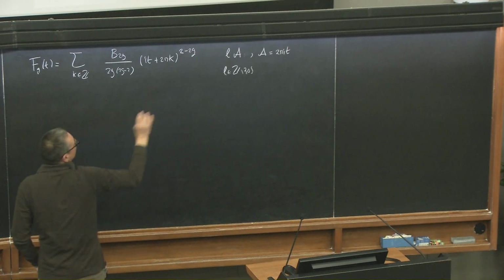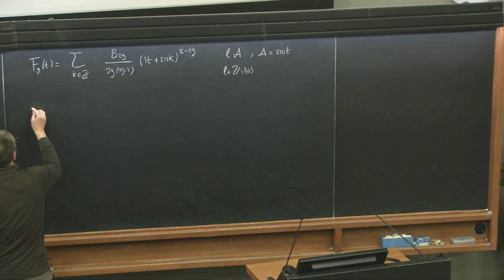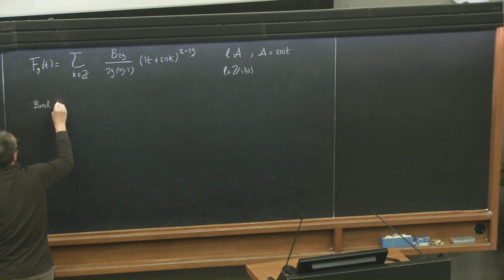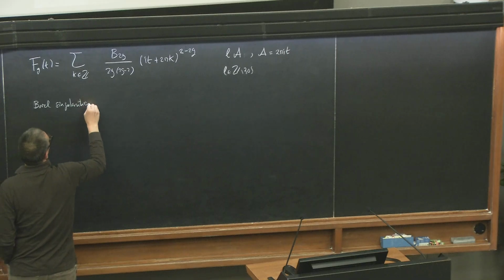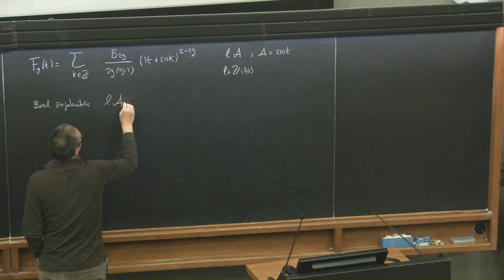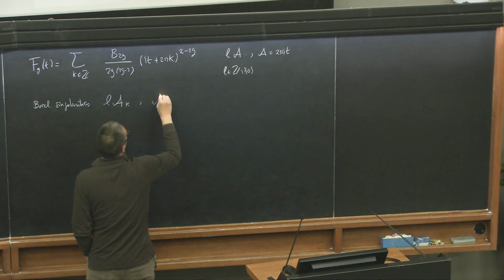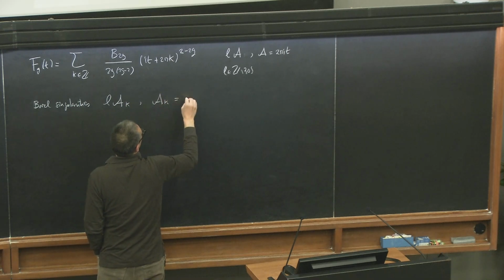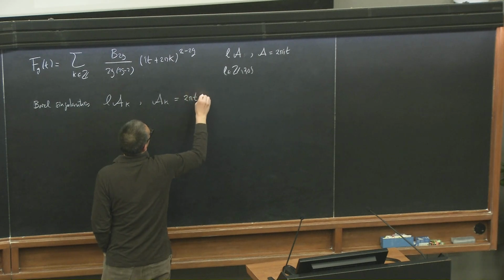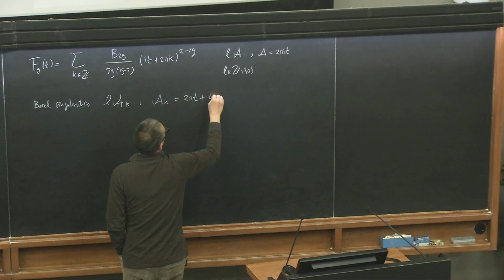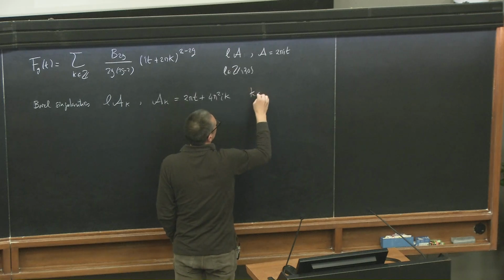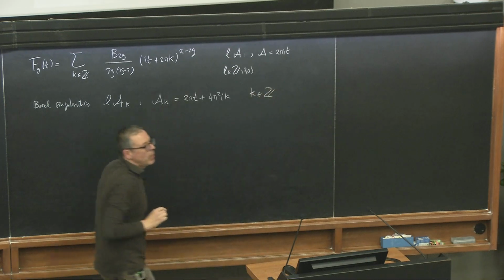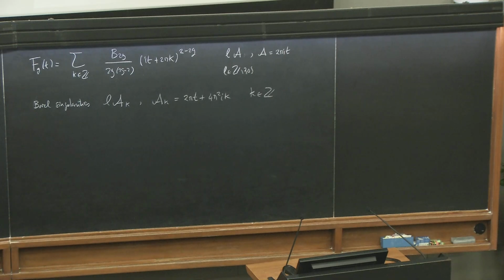So already from the results that we had before, we can see that the Borel singularities for the Borel transform of this quantity are going to be at l times A_k, where A_k is 2 pi t plus 4 pi squared i k, where k is an integer. So here we have a more complicated pattern of singularities.